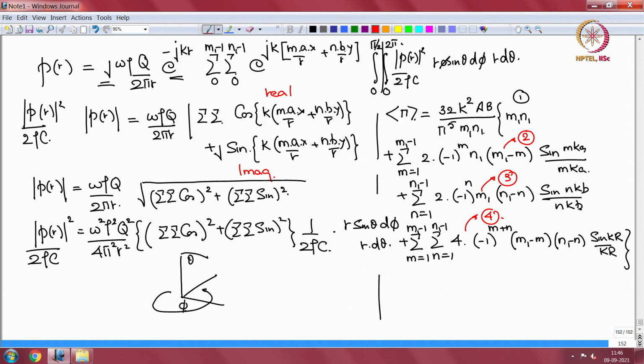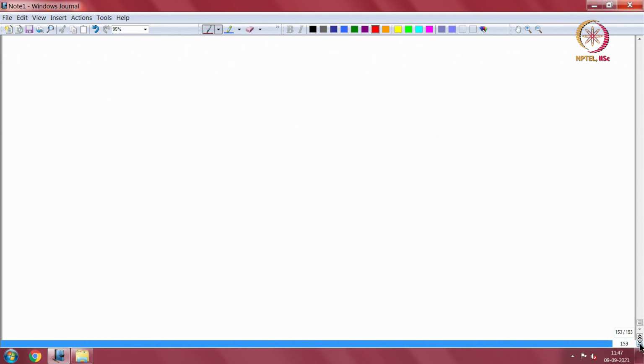So now what are each of these terms? Each of the terms, what do they mean physically? So remember m1, n1 and this term in front. Let us see the terms.